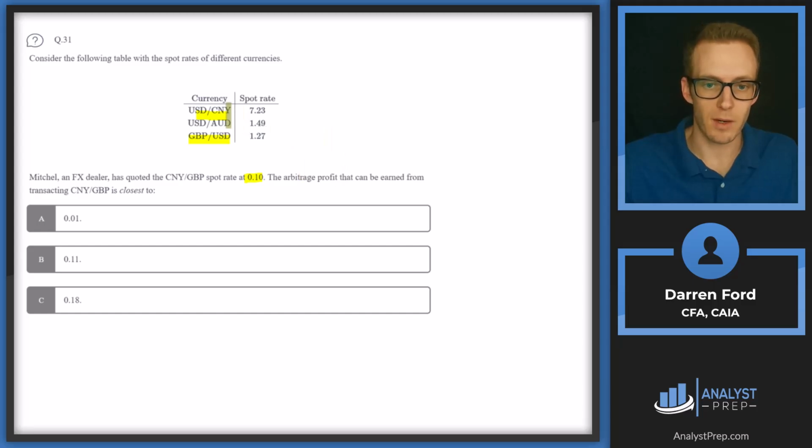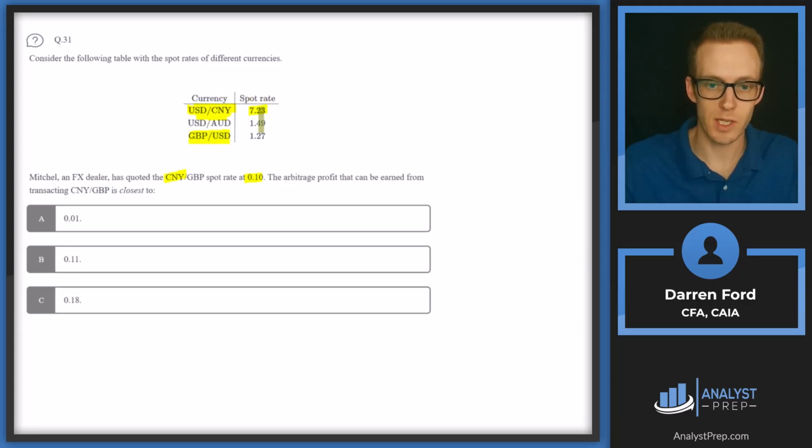So just as a reminder, if we want to get to CNY GBP, before we start multiplying these, the best thing to do is convert these currencies so that our base currency and price currency line up. So we've got USD as the mutual currency between the two that we're looking at.